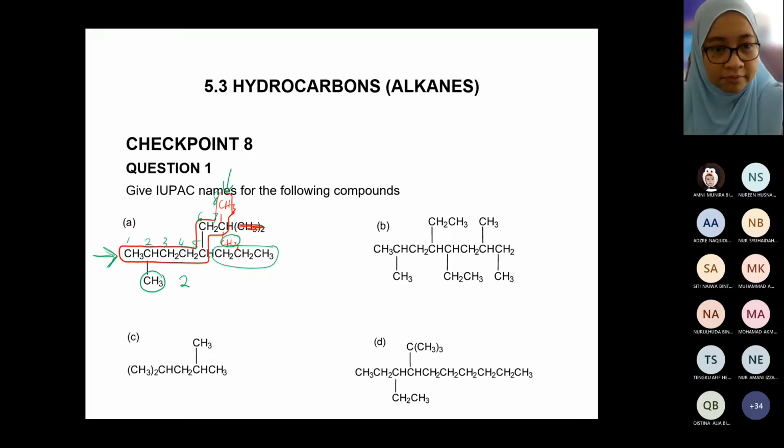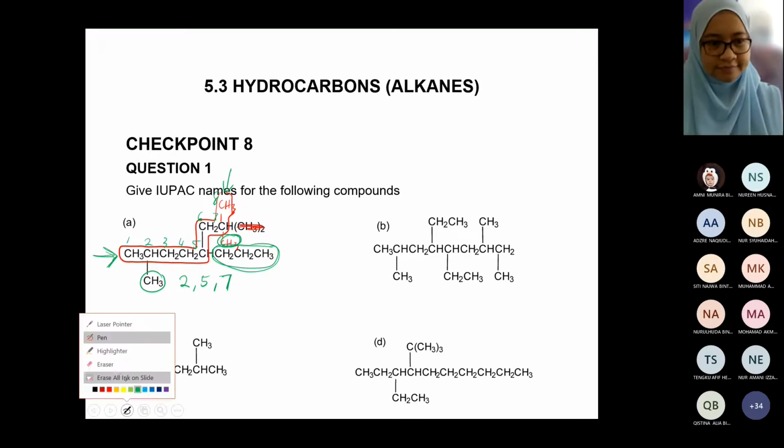And then carbon number 5, we have this propyl group here. And then next, we have this one at carbon number 7. So 2, 5, 7. Okay, 257.